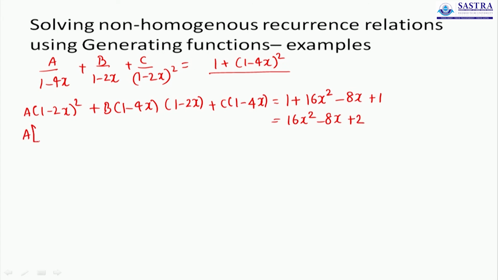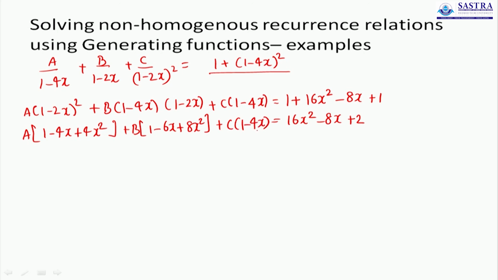Simplifying the right, we have a times 1 minus 4x plus 4x square plus b times 1 minus 6x plus 8x square plus c times 1 minus 4x.